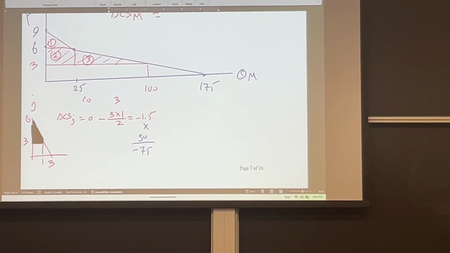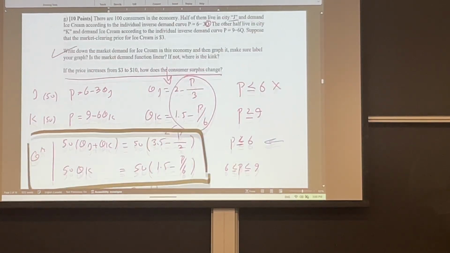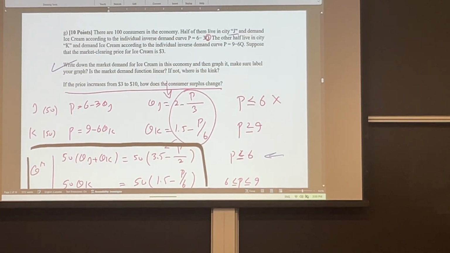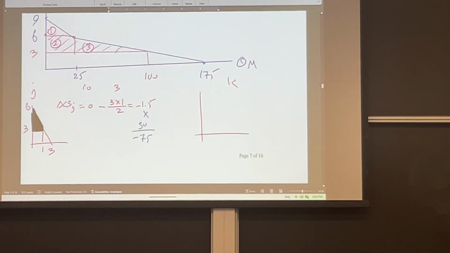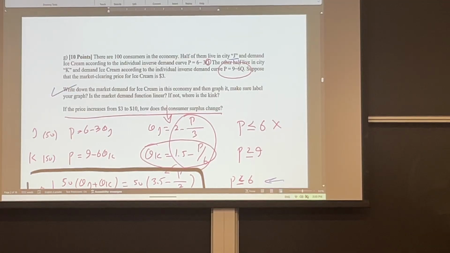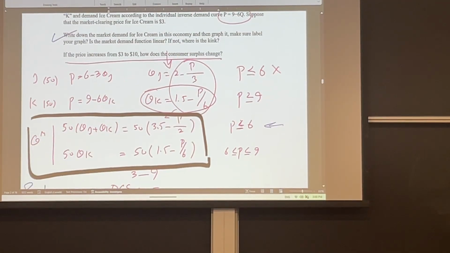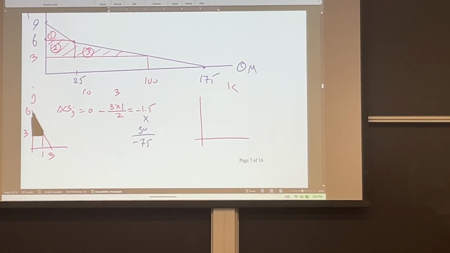That's one group. Then we're going to go to the other group, which is K. We'll do the same thing there. That is K. That's the demand. That's the inverse demand. Let's graph K first. 9, 1.5. When the price is 3, what's the demand there?